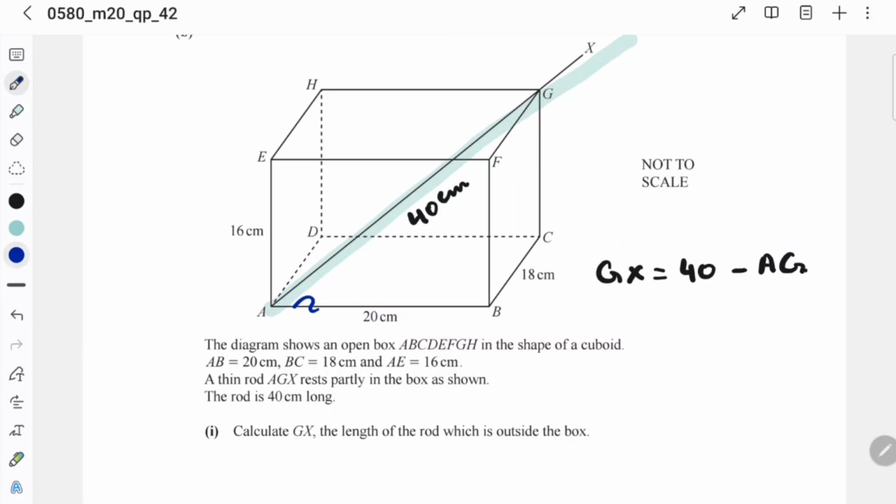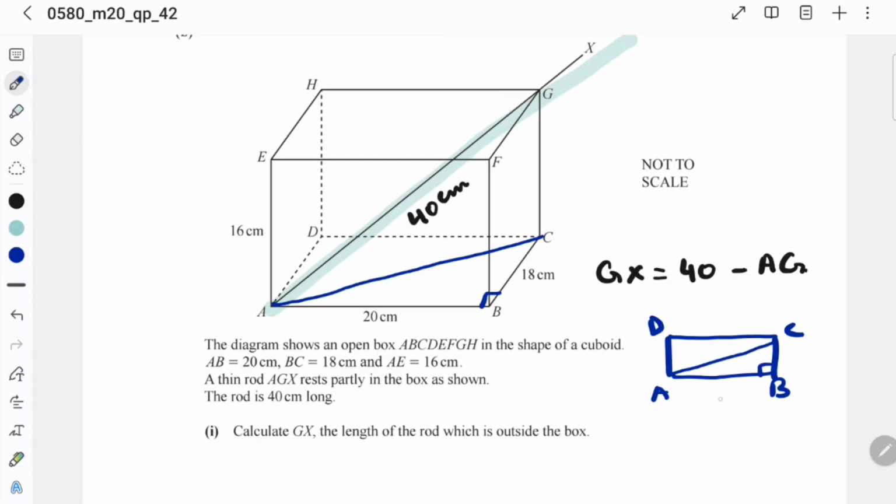What you can do is draw this line. We know that this is a right angle triangle because it's a rectangular base. I'm just making it here so you will understand: ABCD, the base of this cuboid. We are going to find AC, which is the hypotenuse, where the sides are 20 and 18.